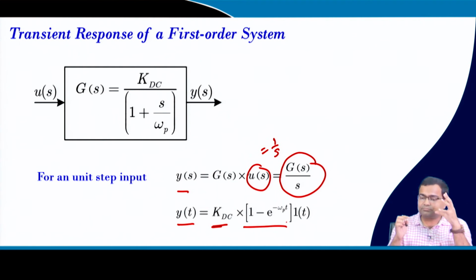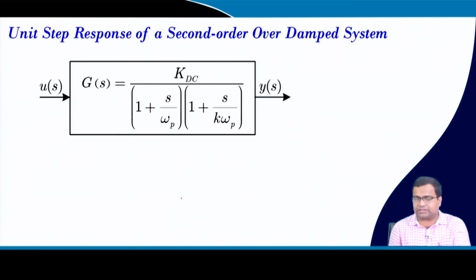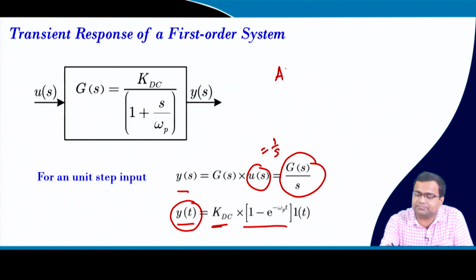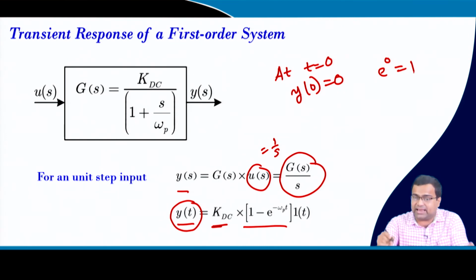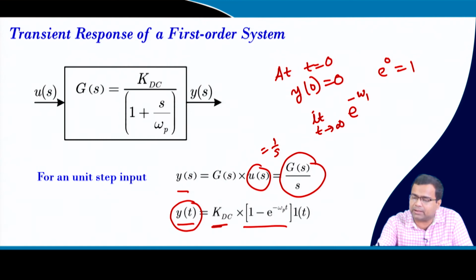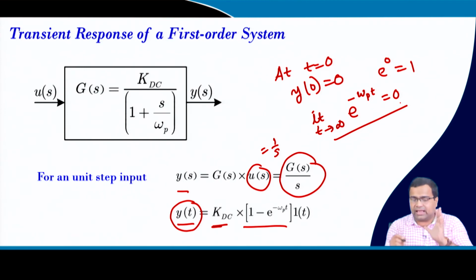That means at t equal to 0, y(0) is 0, because e to the power 0 is 1, right. For the limit t tends to infinity, e to the power minus omega_p t will be 0. Okay. Then what is our final value?